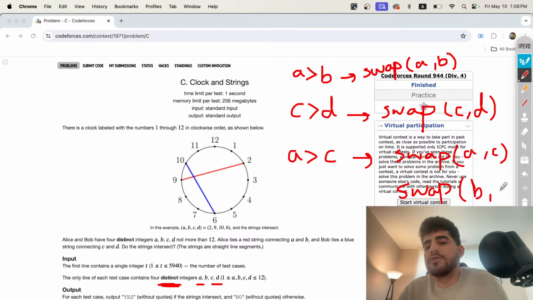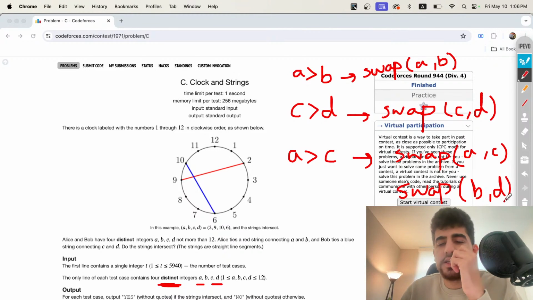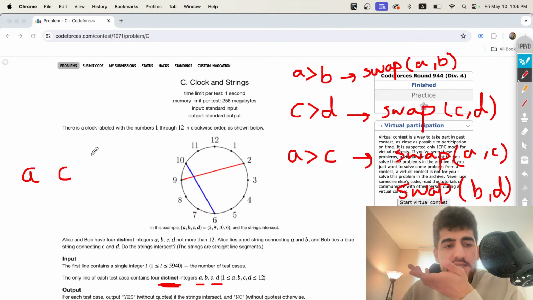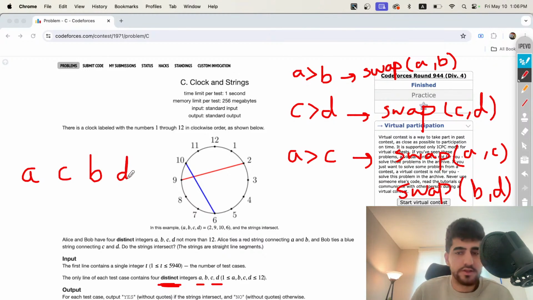if they are going to intersect, they should be something like this. We should have A, and then after that we should have C, and then B, and then D. They should be in this order. Do you agree with that?